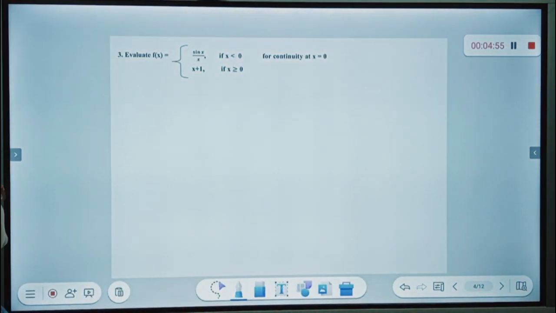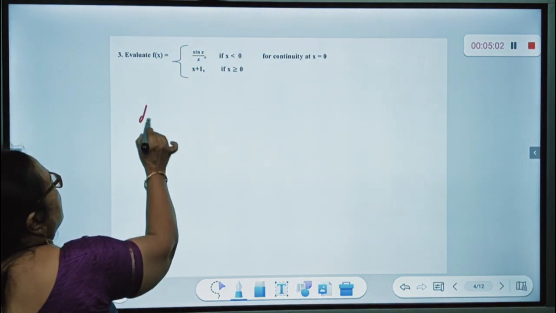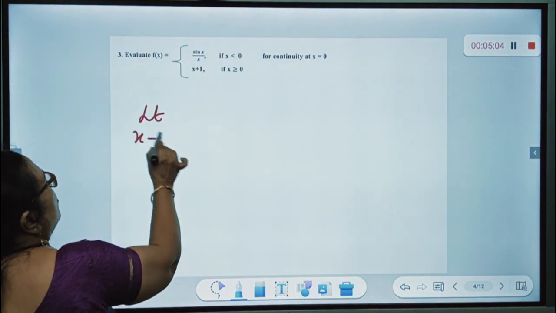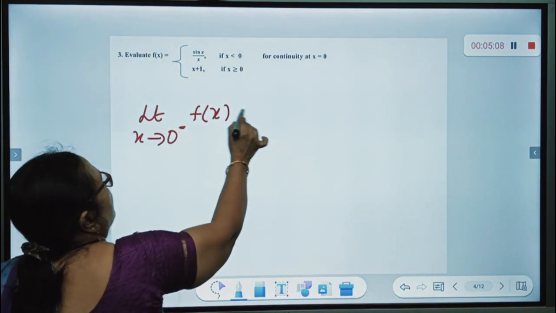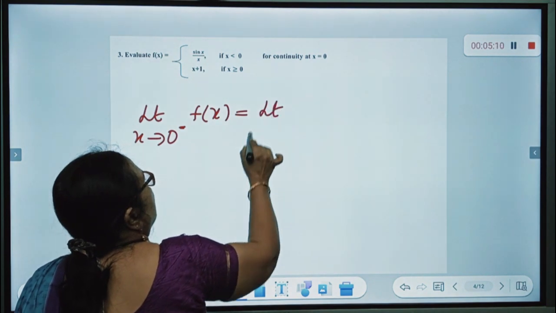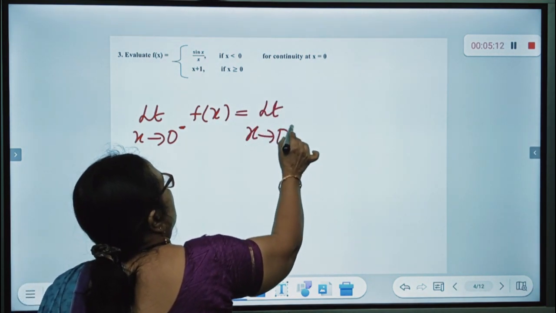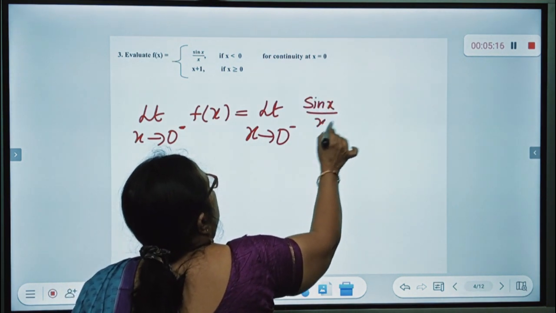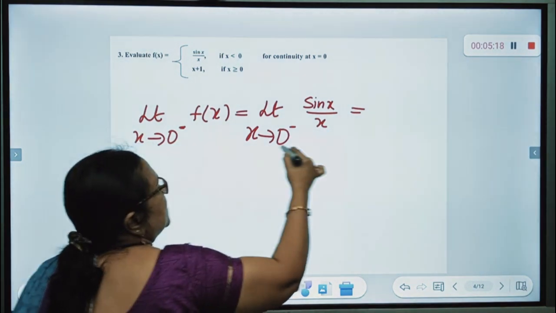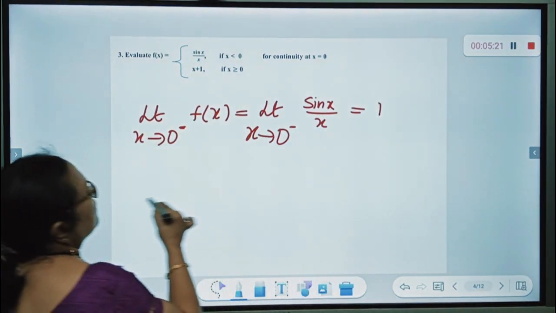Now look at this function. Sin x by x when x is less than 0. So limit x tending to 0 minus of f of x will be equal to limit x tending to 0 minus of sin x by x. Sin x by x as x tends to 0 we know is 1.